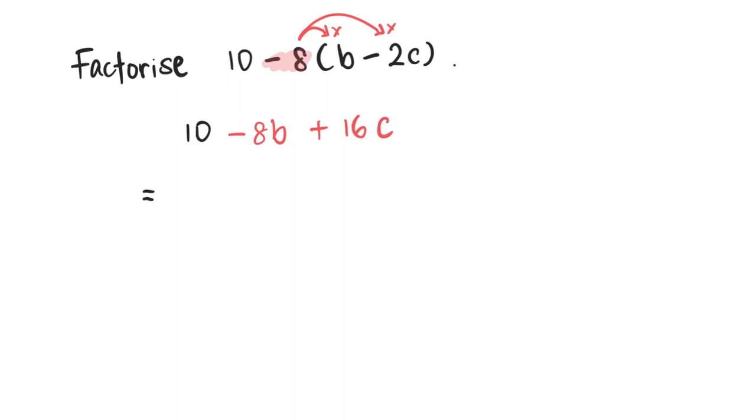And then I realize all can be divided by 2. So the next part here, to help you all to understand, you will see me writing 10 as 2 times 5, my 8 as 2 times 4, still got my b.